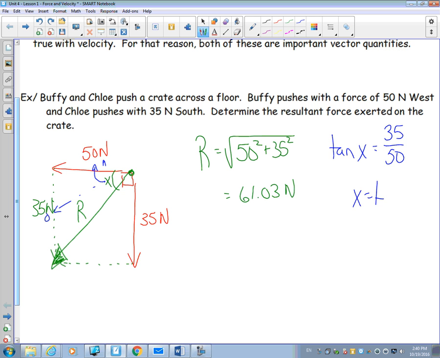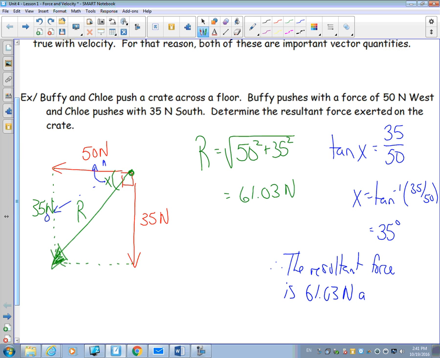If I do the inverse tan of that, making sure I calculate in degrees, I will get approximately 35 degrees, or 34.99 if you want to be exact. So the resultant force would be 61.03 newtons at a 35 degree angle to the 50 newton force.